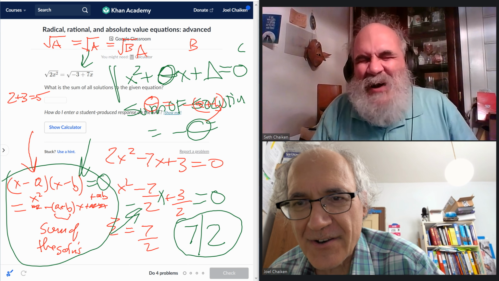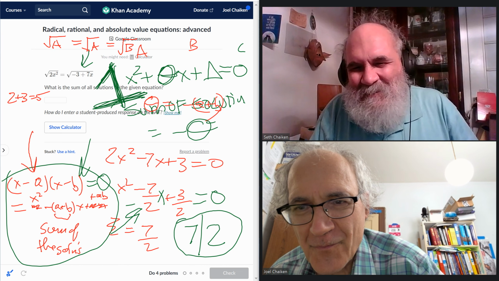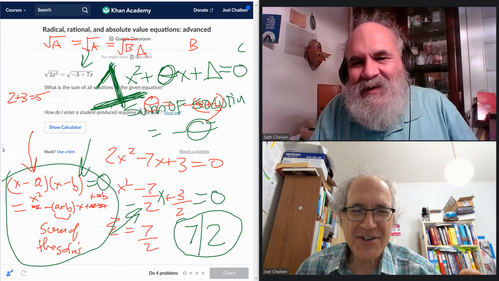Here's the engineering approach to building a bridge. You build it and then you add 20% to make sure it doesn't fall.